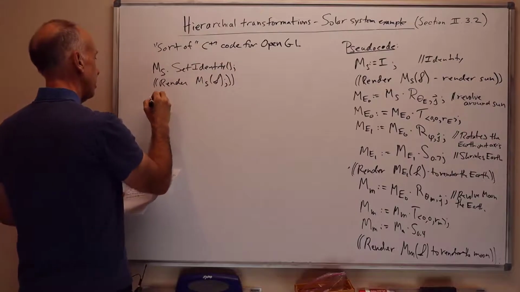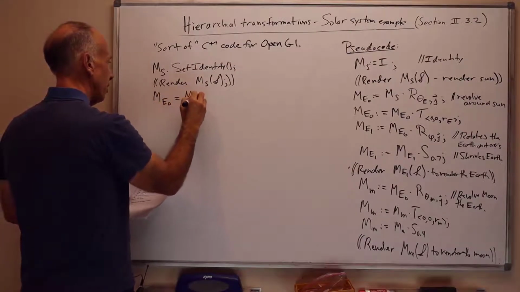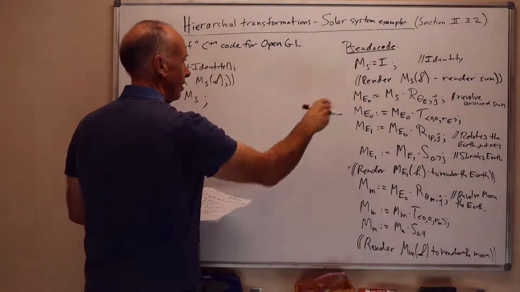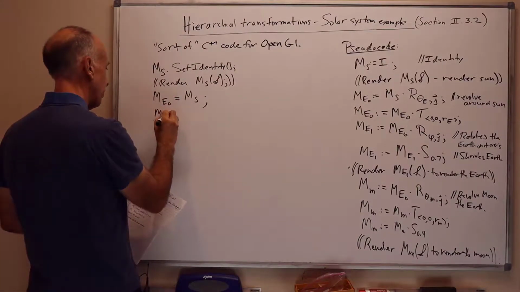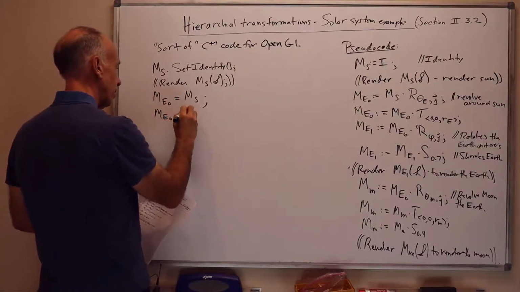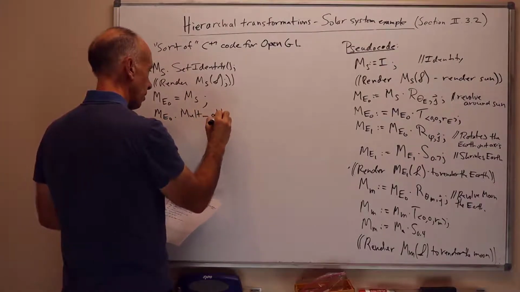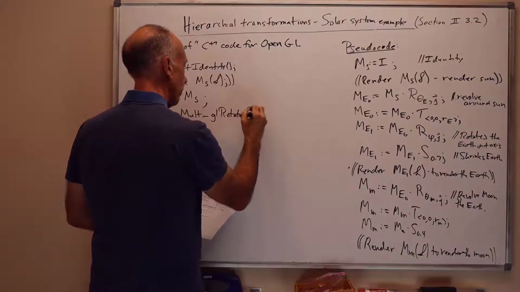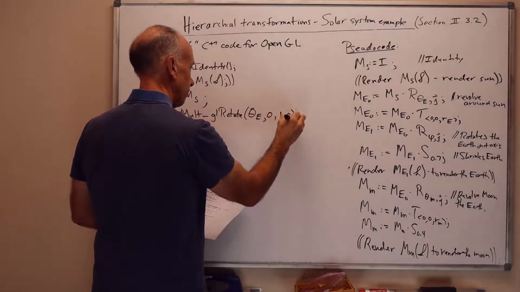And then we set M sub E0 equal to M sub S. We have an extra step here because I don't have a command in the code just for that kind of thing. And then we multiply it by M sub E0 dot mult, this is the member function, underscore GL rotate theta E, 0, 1, 0.